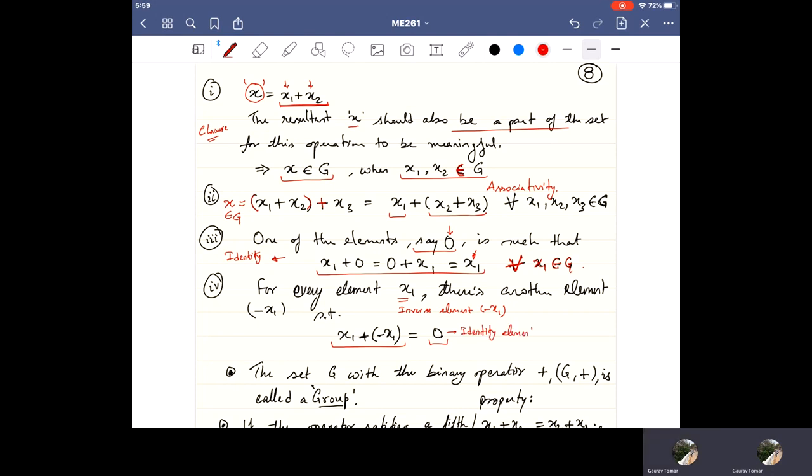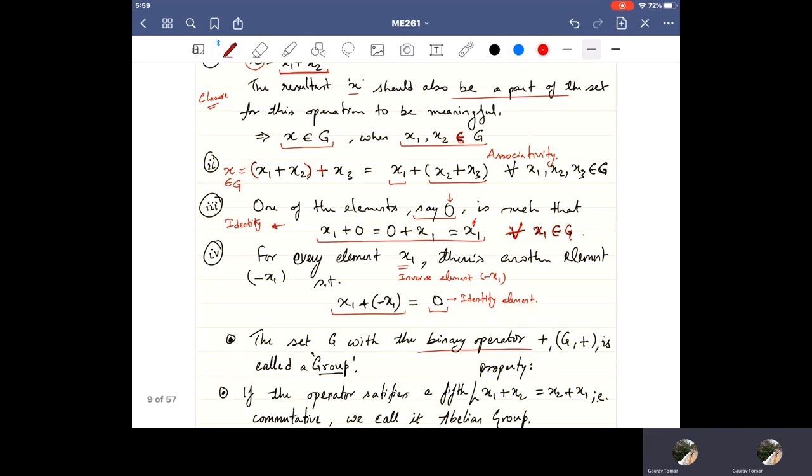Okay. So if some set with a binary operator, in this case we're using plus as a symbol, this group is normally written as the set G, comma, the operator. This is how you'll write a group. If it satisfies these four properties that we have listed above, then you call it a group.